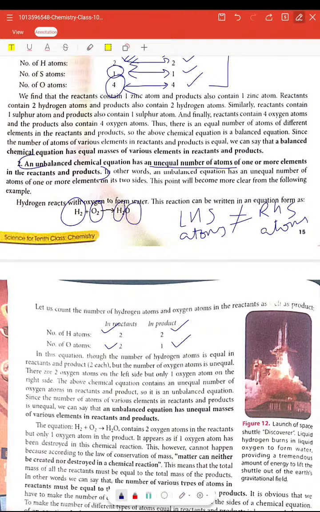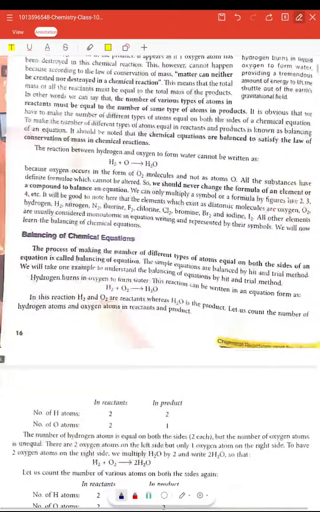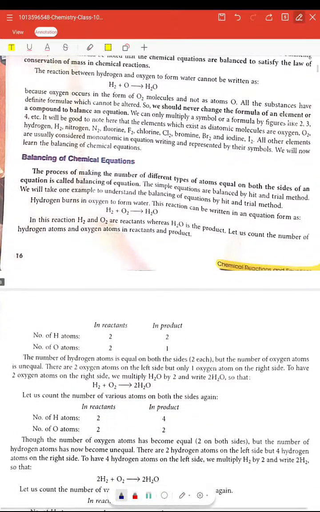That is 1. So the atoms on the left hand side are not equal to the atoms on the right hand side, and that is called an unbalanced chemical equation.